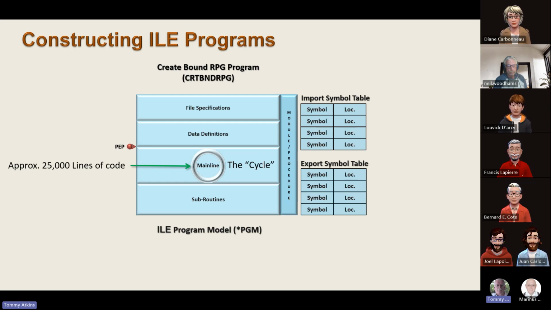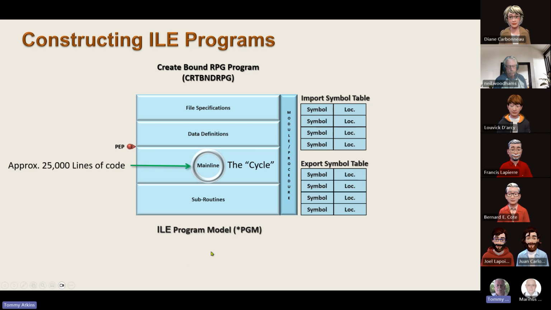And if you're not using the RPG cycle, those lines are not used and they're an overhead on your program. They enlarge the program, they waste space, and they are an overhead, which is not being used. So it's a good idea to try and get rid of the cycle.